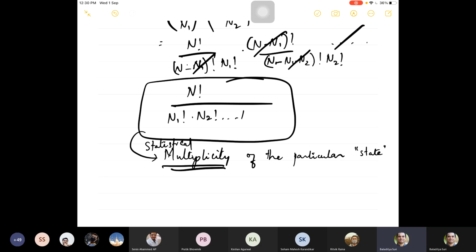We are considering the overall state of the ensemble, and that state is characterized by these ni's, so if you define n1, n2, n3, and so on.